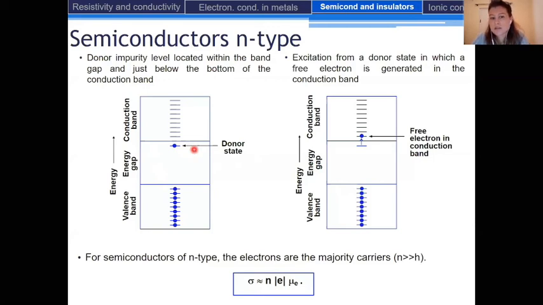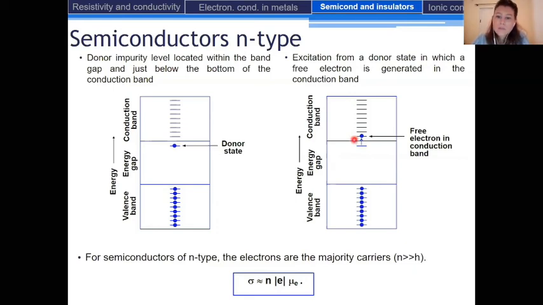In that case, it is the 5th valence electron of phosphorus. This donor state is right below the conduction band. By thermal energy, it can be easily excited and it jumps into the conduction band. And so we now have a free electron that can conduct electricity.